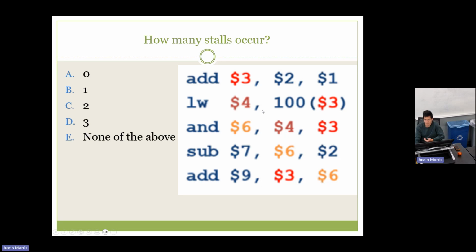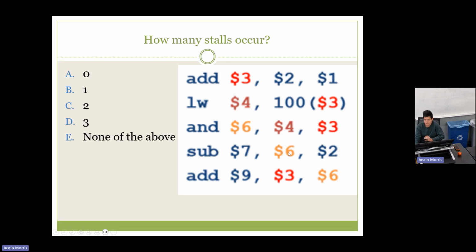And then after that stall, I no longer need to forward from this 3 to this 3. It will just be written to the register file, and I'll read the correct value when I redo my decode. But I will still need to forward 4 to 4. Okay. And then from this and into this sub, we can again just forward.